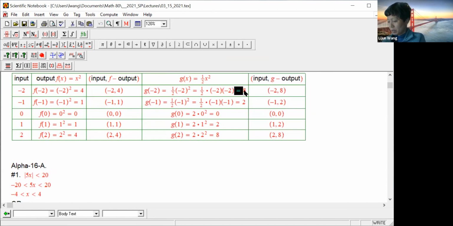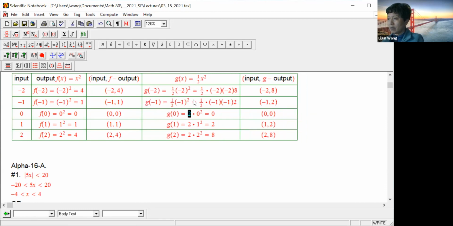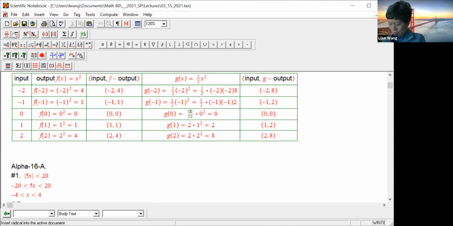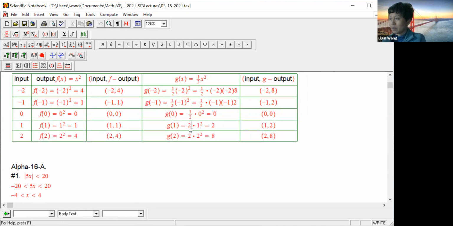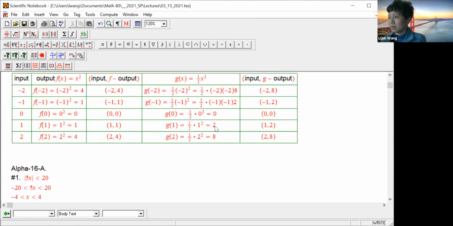And of course, the number will have to be changed. This is going to be half. And this is going to be half. All of these numbers will be adjusted. So this is going to be half.